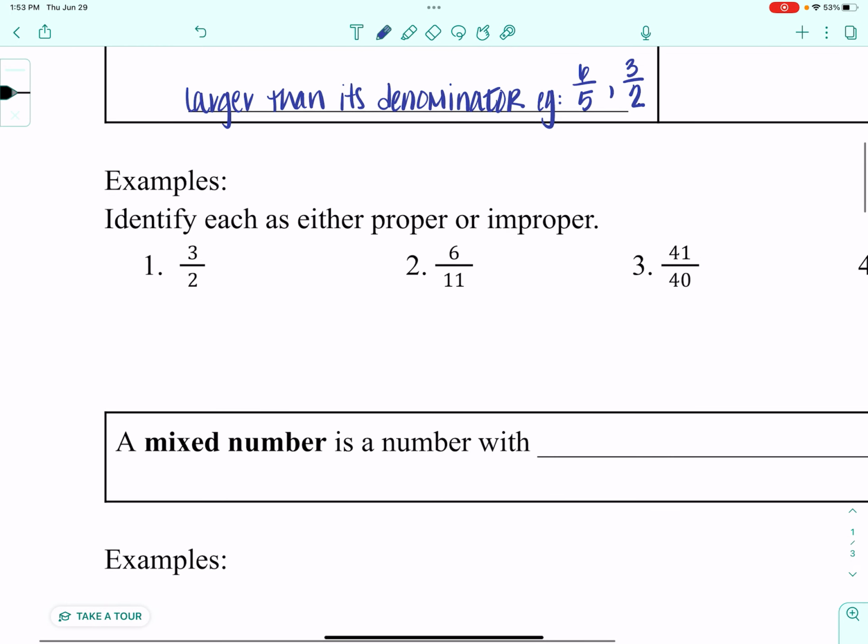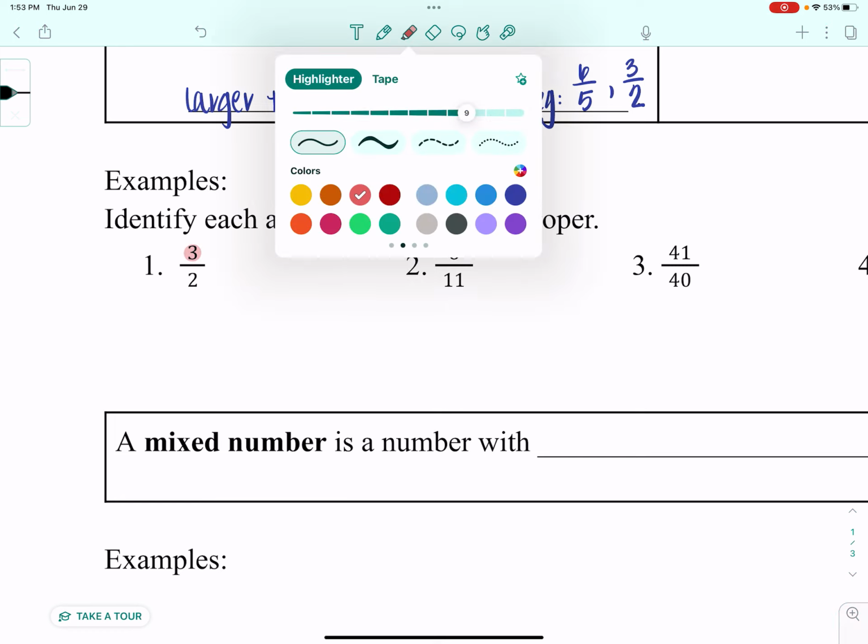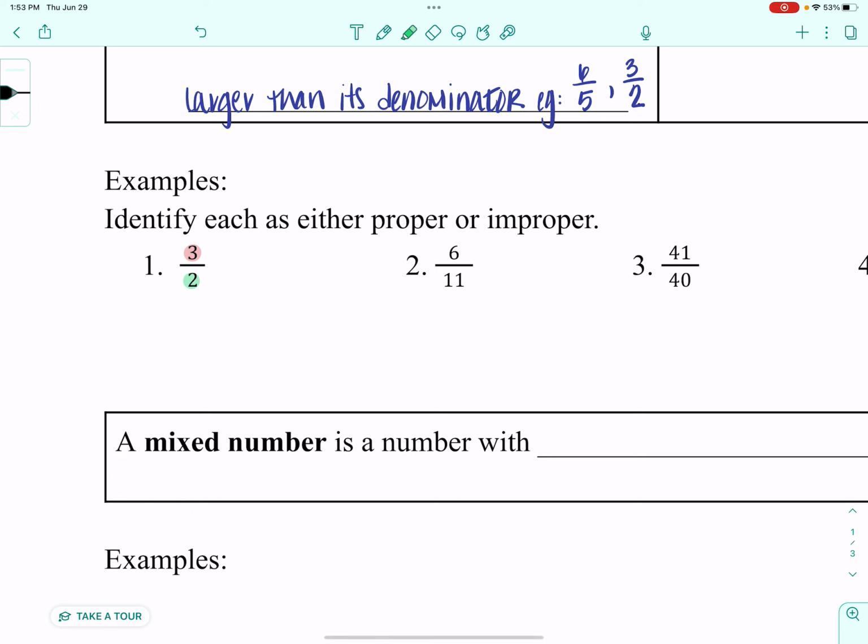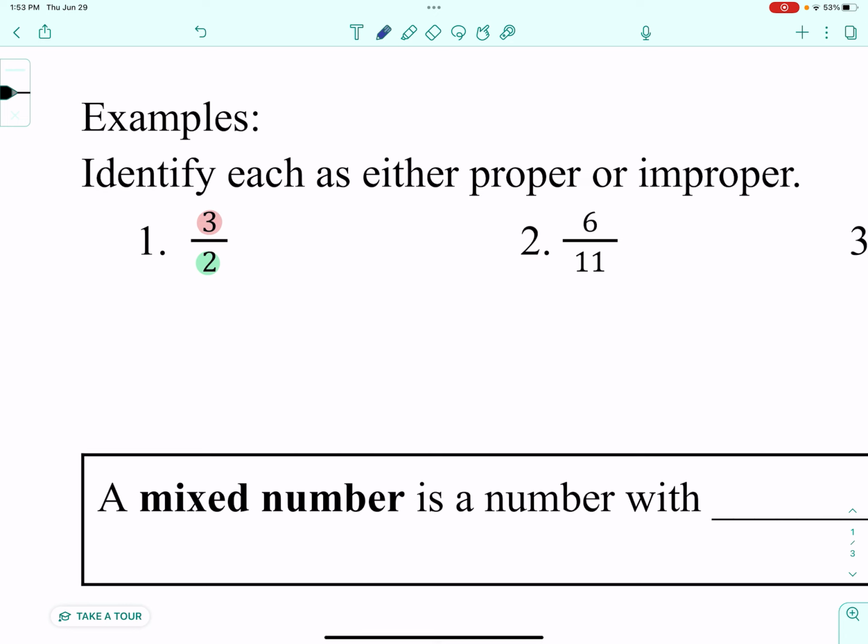Let's look at a couple of examples to identify a fraction as either proper or improper. To do that, we need to take a look at the numerator compared to the denominator. In this case, our numerator is 3.